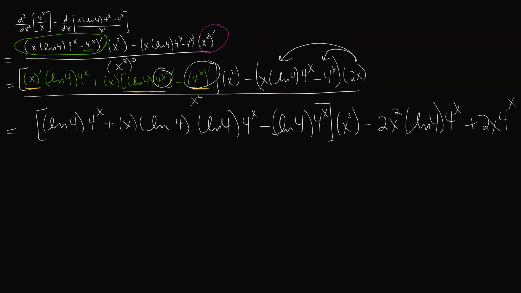So notice I distributed the negative sign here. And all of that gets divided by x to the 4th. Okay, that numerator is a mess, so it's worth tidying up, but we're done taking derivatives. We've done the calculus, if you will. Now we're just doing some algebraic simplification.